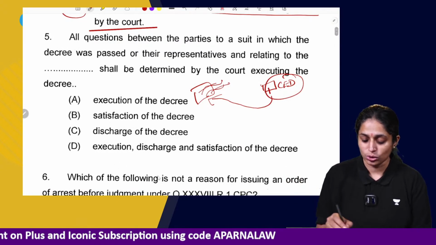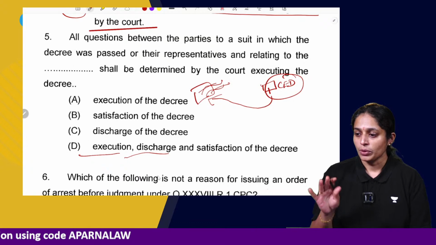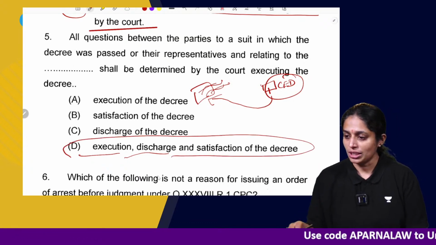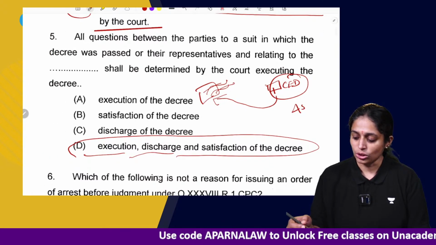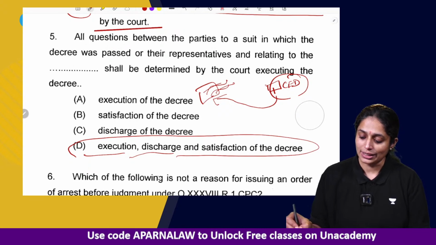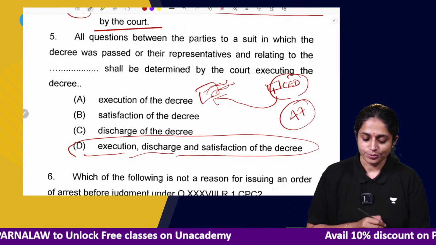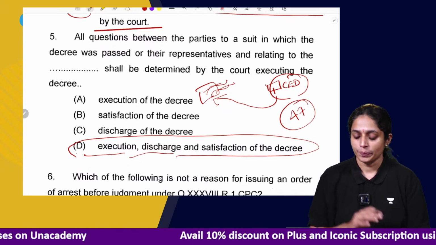Questions relating to the execution itself, or regarding the discharge of the decree, or with respect to the satisfaction of the decree. Yes, it is a question under Section 47. The executing court cannot go behind the decree. This is also a very famous saying. D is the correct answer for the fifth one.